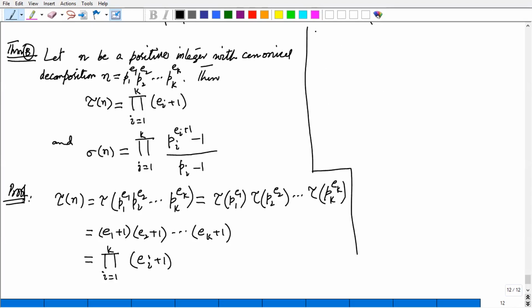Okay, let's move to the second part of the result. We apply sigma on both sides here.